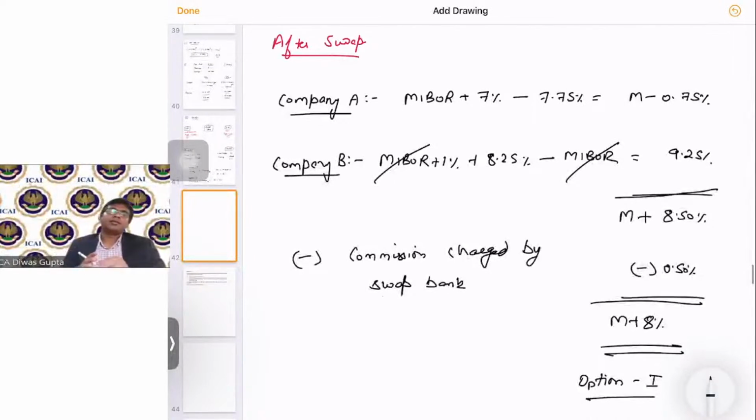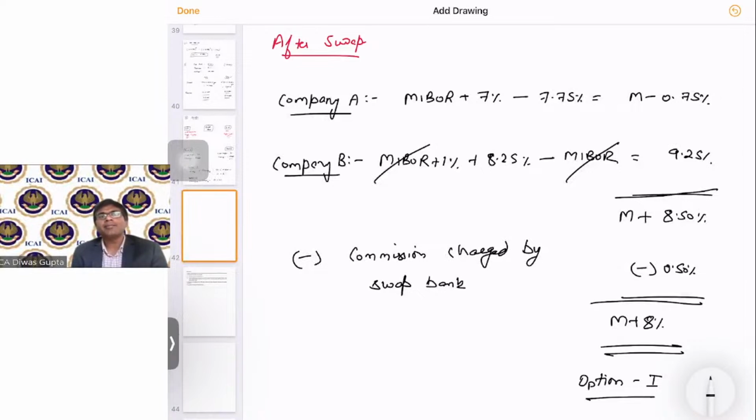With this, it covers your interest rate swap. I hope it was very easy to understand. So this is how the swap transactions work. Now you can imagine this not only for interest rates, but for anything. The concept remains the same.